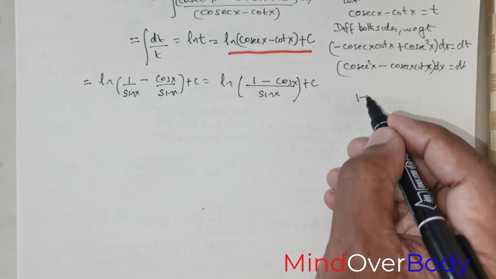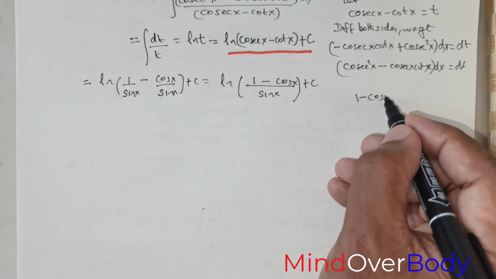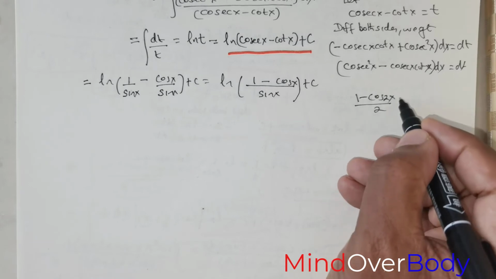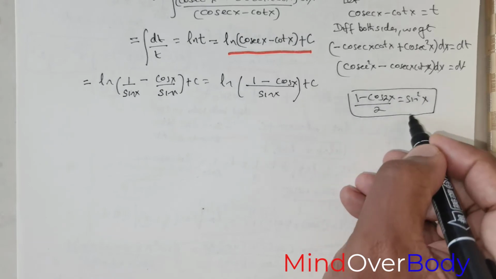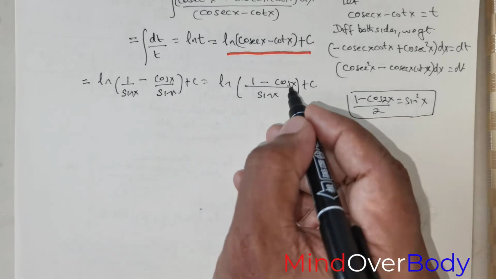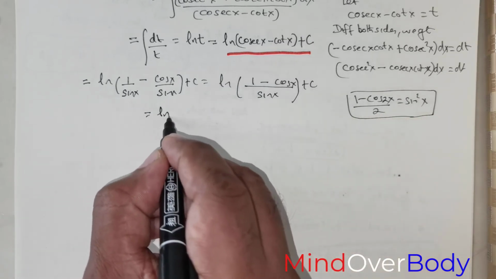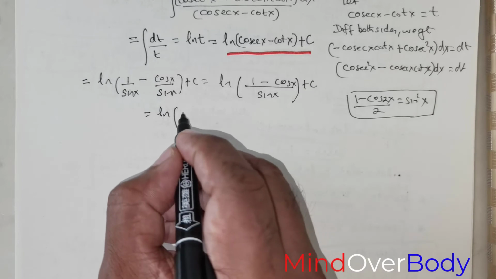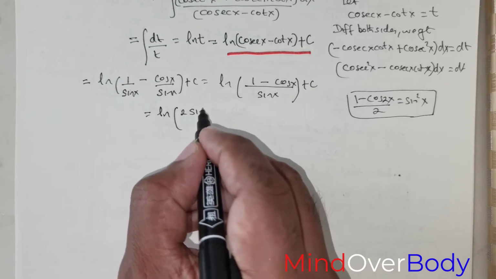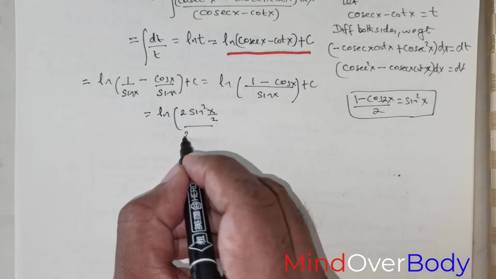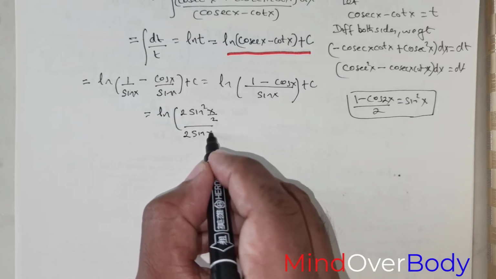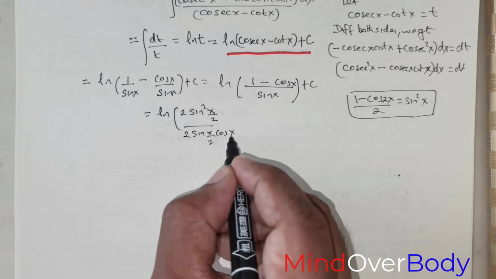Now we have a formula, 1 minus cos 2x over 2 is equal to sin squared x, but we don't have 2x here, we have only x, so this can be rewritten as ln of 2 times sin squared x over 2. Similarly, sin x can be rewritten as 2 times sin x over 2 times cos x over 2.